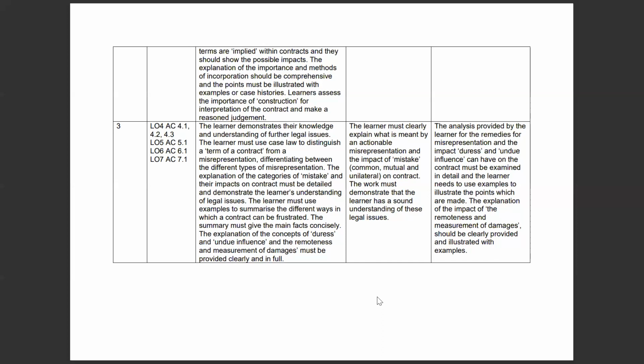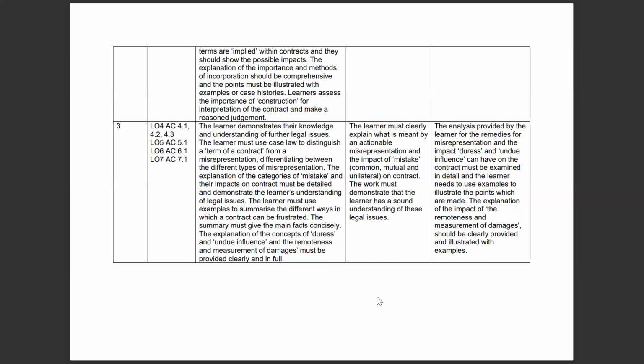To gain the merit mark, the learner must clearly explain what is meant by an actionable misrepresentation and the impact of mistake, common, mutual, and unilateral, on contract. The work must demonstrate that the learner has a sound understanding of these legal issues.